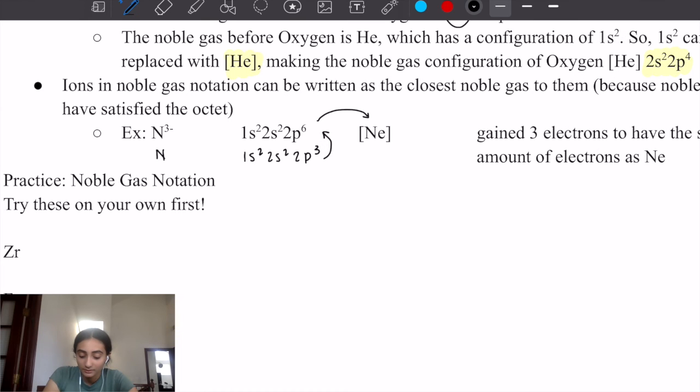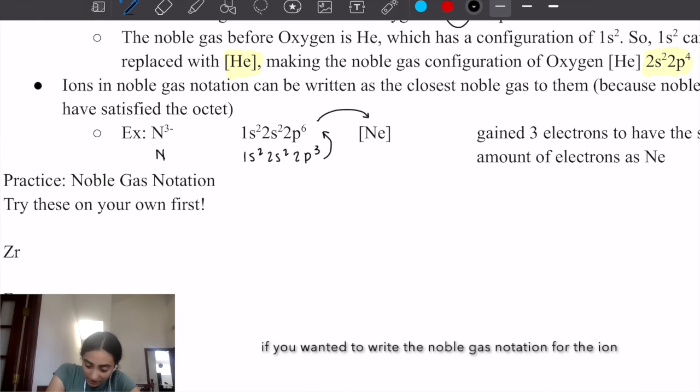So nitrogen becoming an ion and writing the electron configuration notation for that does not mean that the element itself has changed. It is still nitrogen. There are still 7 protons, and you know that an ion gains or loses electrons, which is expressed in the electron configuration notation, but that is the same amount of electrons as the noble gas neon.